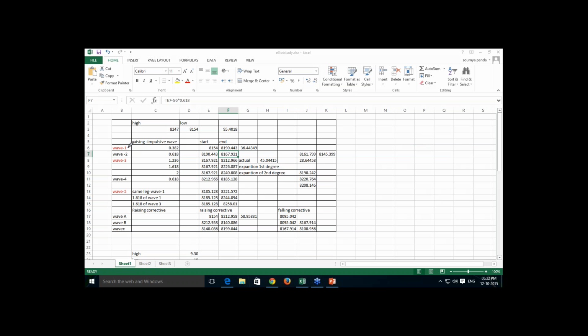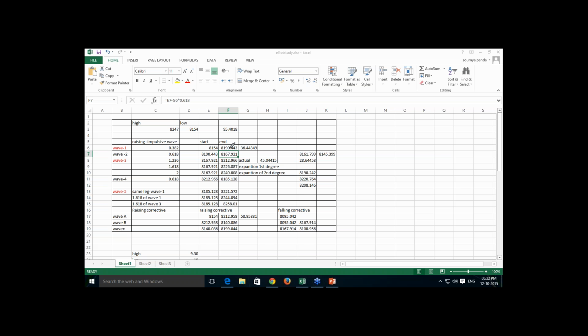If this wave 1, which was expected to complete at 8190, post 8190 does not invite any major correction till 8167, does not invite any correction, after touching this one it has not fallen to 8168, then I will say that this wave 1 is expanding to a different Fibonacci ratio.